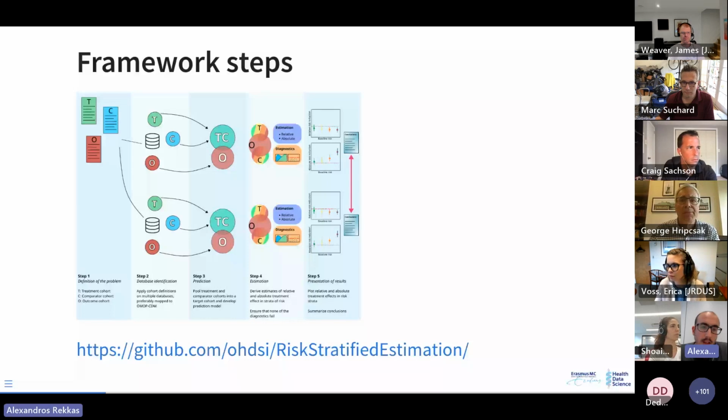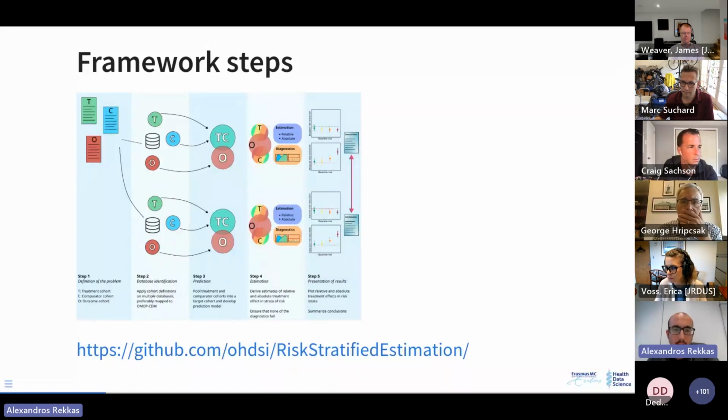Then we take the predictions that we got from the previous step, and then we estimate. We first run some diagnostics, both on the entire population and within the risk strata.